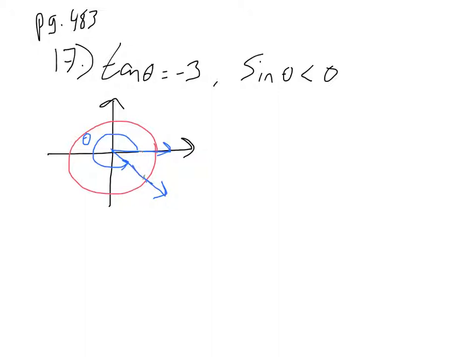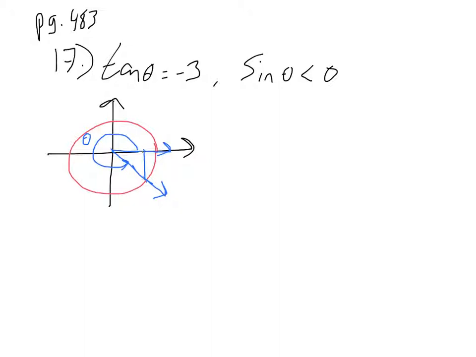Okay, and so if tangent is -3, then tangent is opposite over adjacent, right? We can treat -3 as -3 over 1.